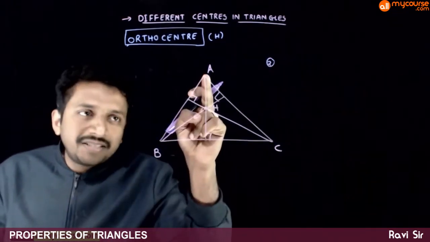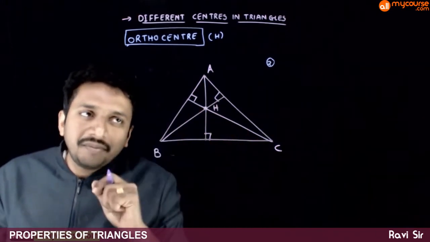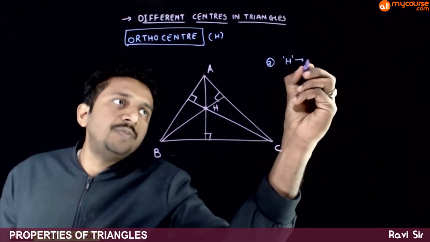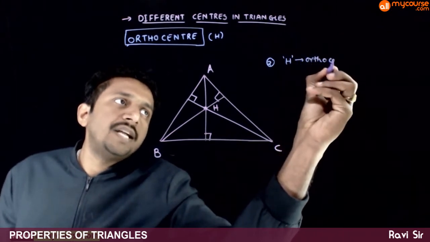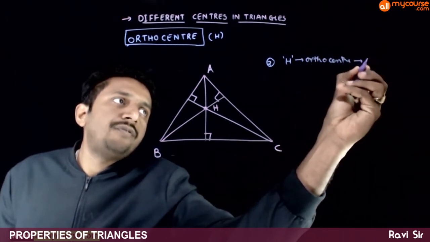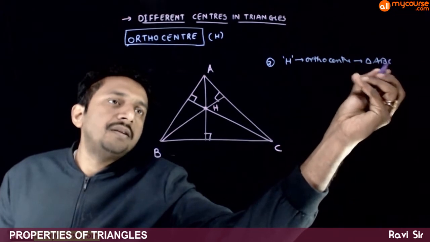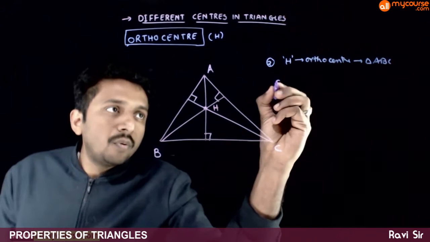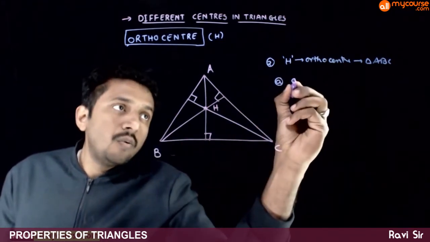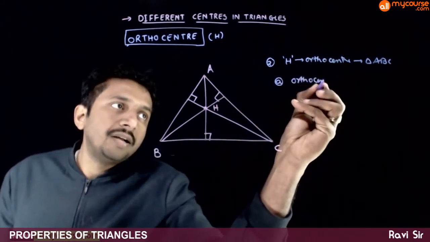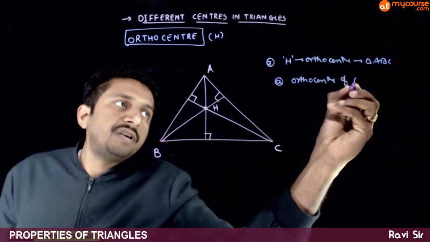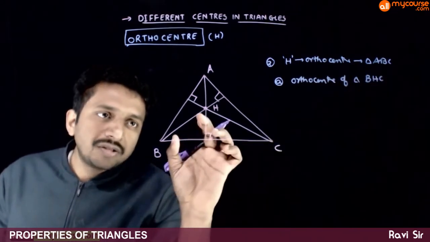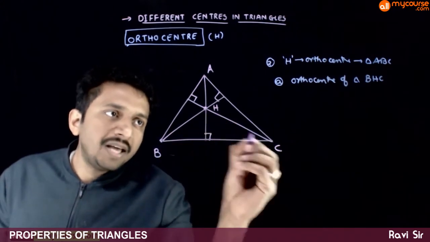For example, let us take the triangle ABC and let H be the orthocenter of triangle ABC. Now, what is the orthocenter of triangle BHC?